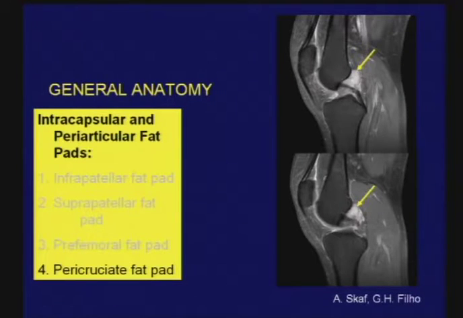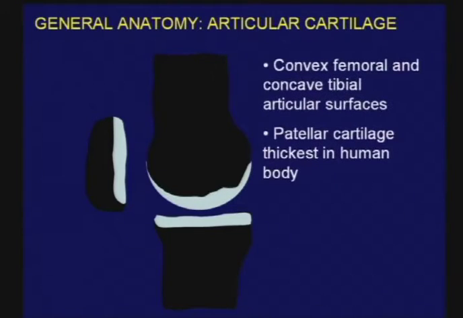I've seen a few of these cases, but the most dramatic ones I've seen are the ones that were shown to me when I was in Brazil. Has anyone seen this? Okay, I think that this is a significant finding. Again, inflammatory changes about the cruciate ligaments. Keep that pattern in mind as well.